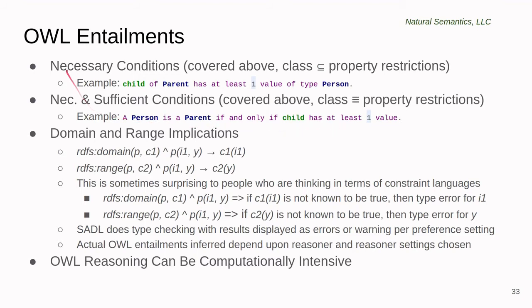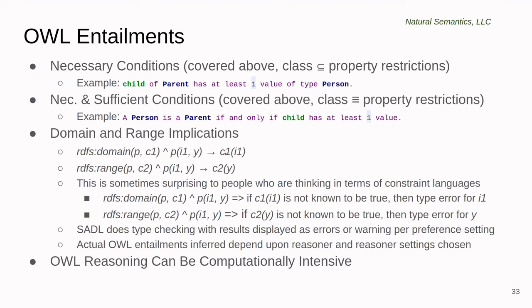These are some of the constructs in OWL that will have entailments or implications, things that can be inferred. Consider domain and range implications. If the RDFS domain of P is C1 and we have a triple in our knowledge base, P of I1 is Y, then that infers that I1 belongs to the C1 class.